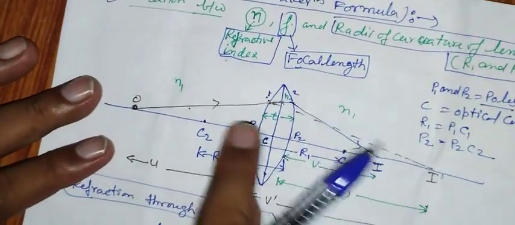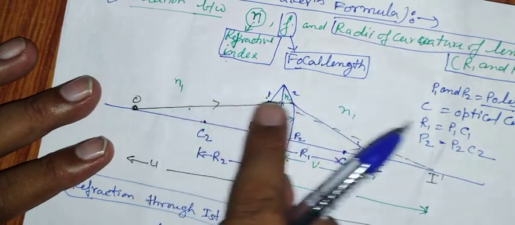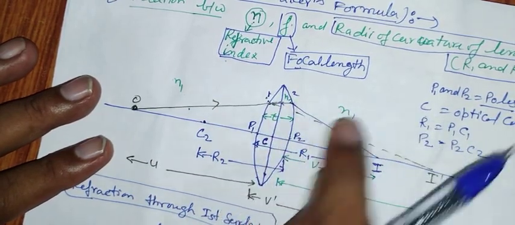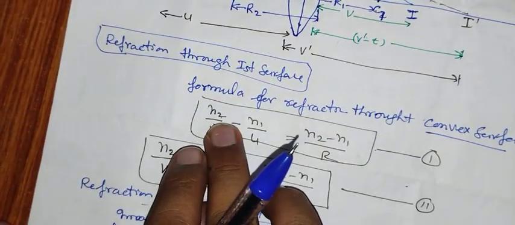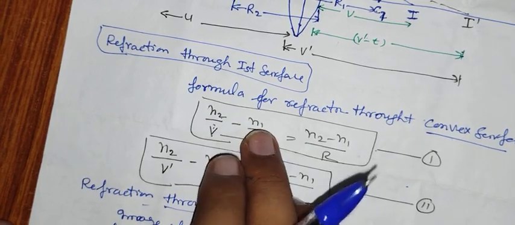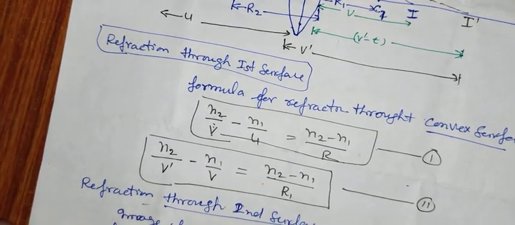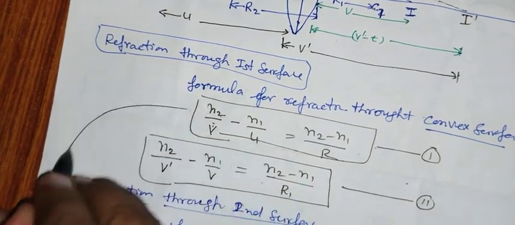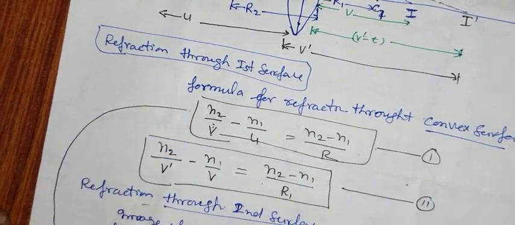In the first case, light travels from N1 to N2, and in the second case it travels from N2 to N1. So in this formula, in place of N2 we will take N1, and in place of N1 we will take N2.